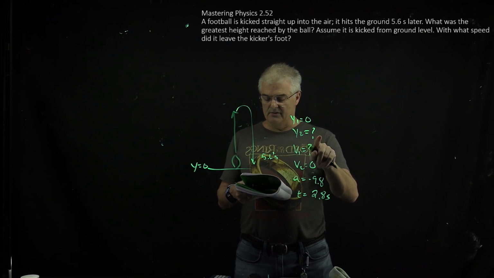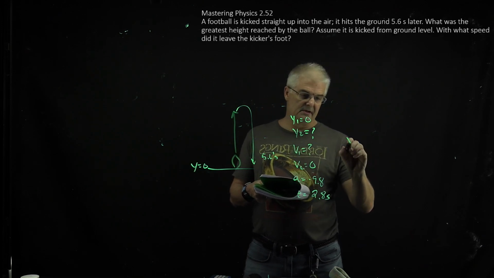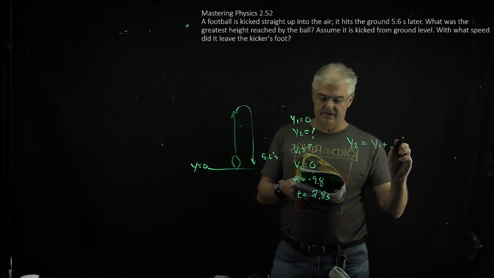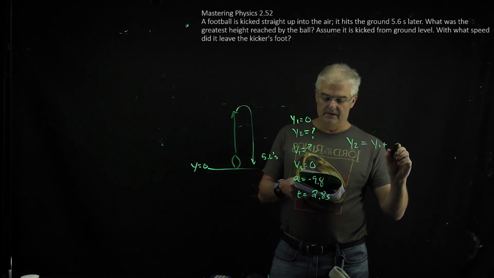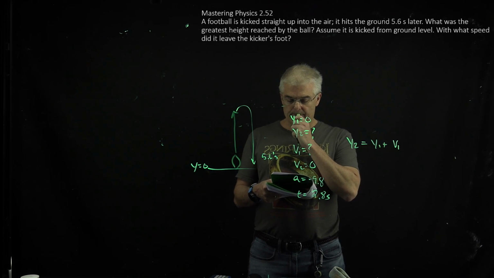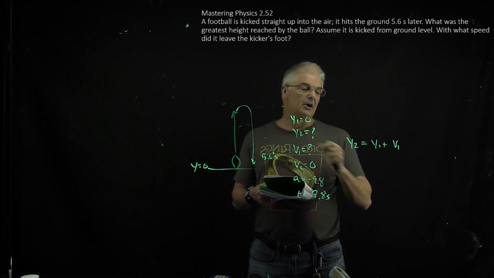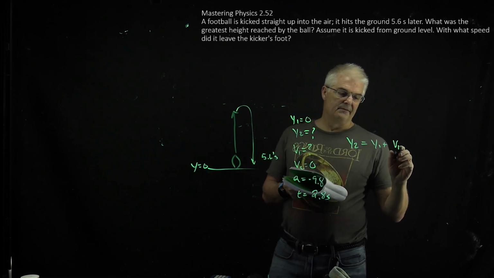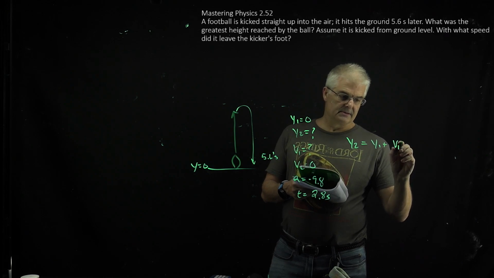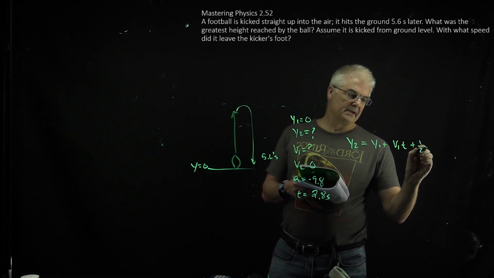And so to solve for y2, I'm just going to say y2 equals y1 plus v1. I don't know v1. Oh yeah, watch what we'll do. Watch how I do this. v1 t plus 1/2 at squared.